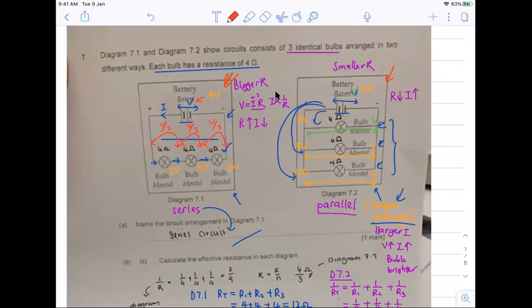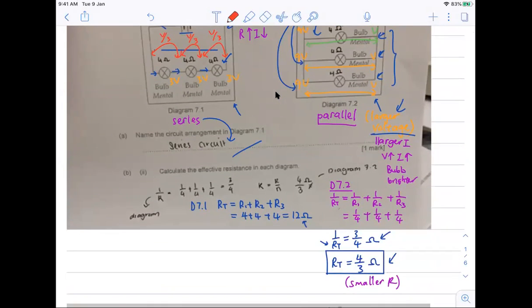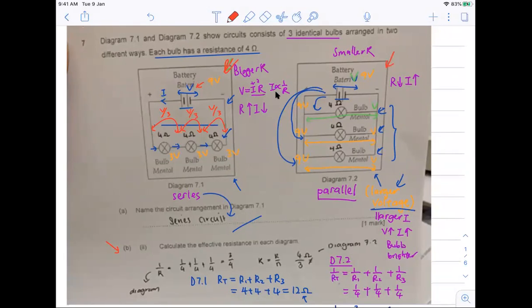So let's say I were to be taking my SPM right now, I will definitely draw the circuit here and explain how for series circuit, how the 9 volt will split into 3 bulbs. And for the parallel circuit, I'll explain how the effective resistance is smaller. You can see that actually in part B itself, we already calculate the resistance for both the circuit.